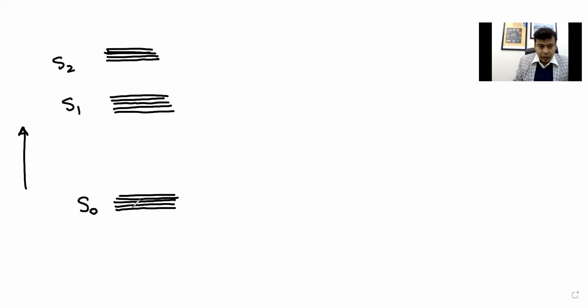So just imagine you have a molecule, a chromophore, which can now undergo excitation from the ground electronic state to the higher electronic state. Okay, so now if you have an excitation wavelength which matches this energy gap, then of course you can promote this to S1.